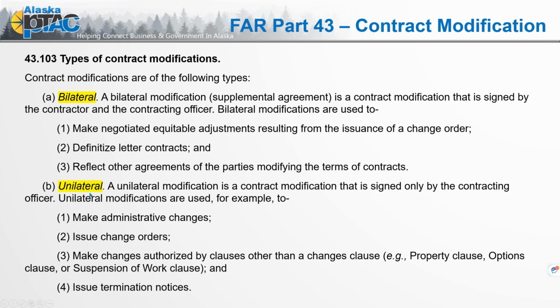So there are some powers that the federal agency, Uncle Sam, has where they can say, nope, you don't have a choice, and thus the unilateral. But note here, under bilateral, when we talk about negotiated costs and agreements for modification of terms, that does require a bilateral signature.